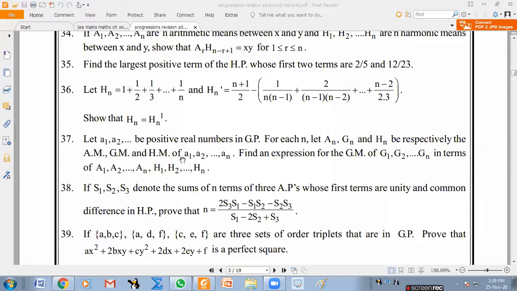Kushi, up to which question did you try in past year mains? Sir, 75. Okay, good. You're able to get most of them? Yes, sir. Okay. Sai Harini, up to which question did you try? 55. Okay. Why? What is the problem? I'm doing this slowly.